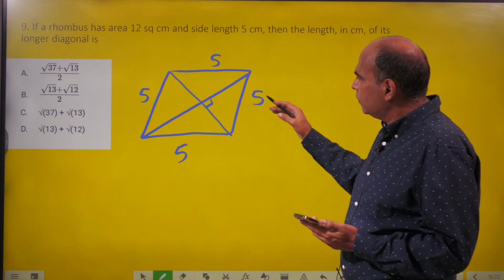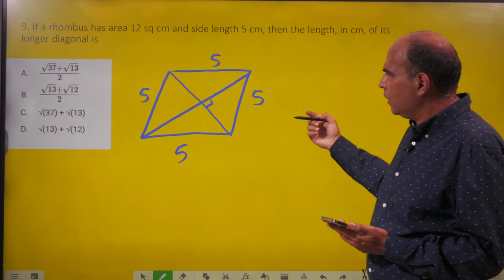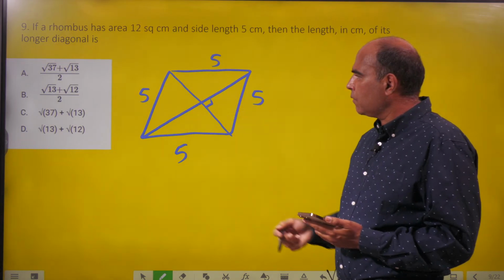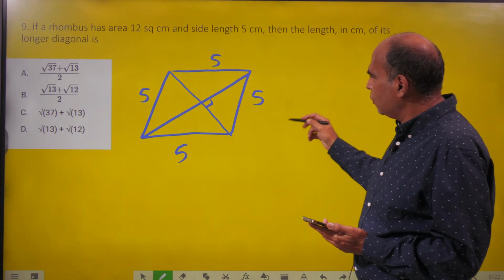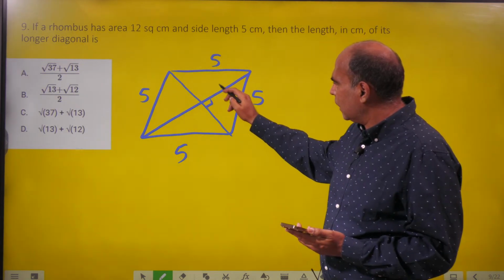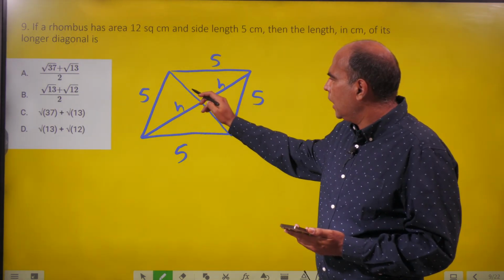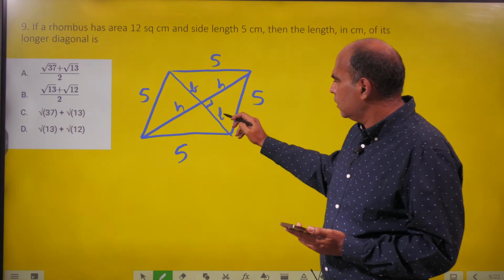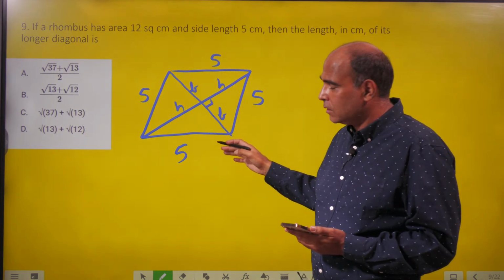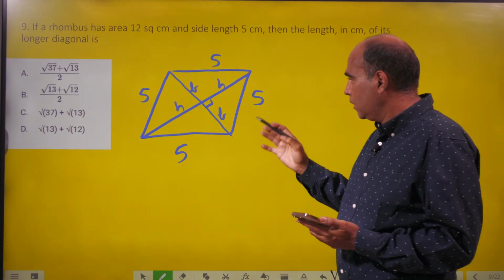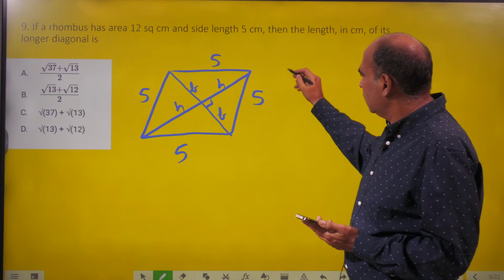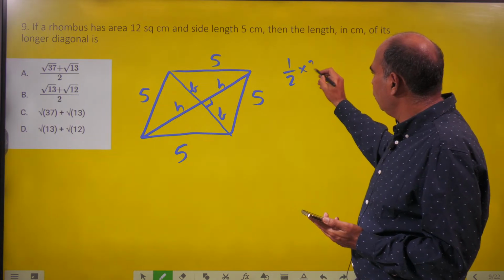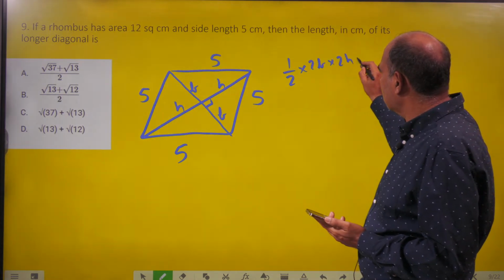So coming back here, the area of a rhombus is half into the product of the diagonals. If I think of this diagonal as H and H, and this diagonal as B and B, the diagonals intersect at right angles, and they bisect each other. So what I get is half into 2B into 2H is equal to 12.